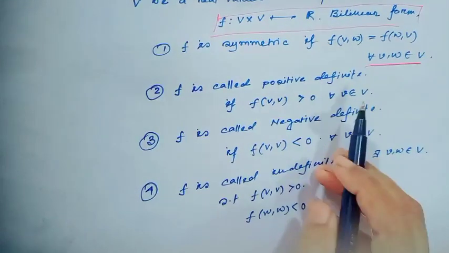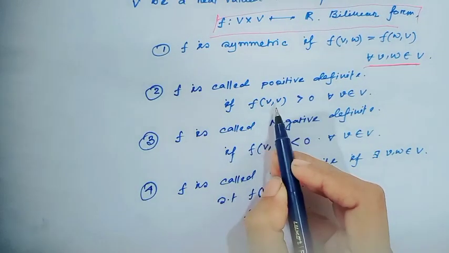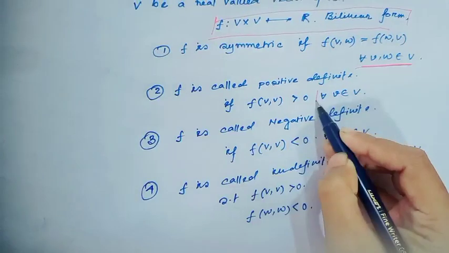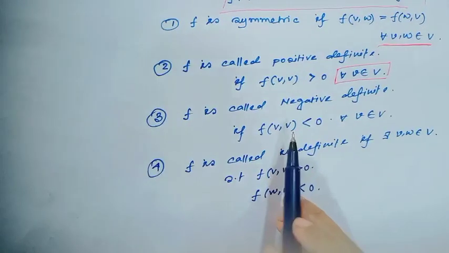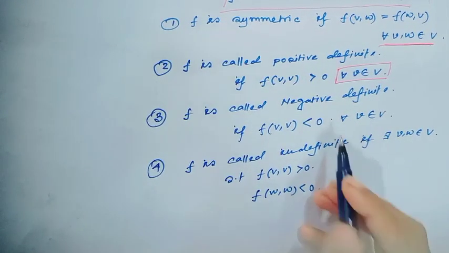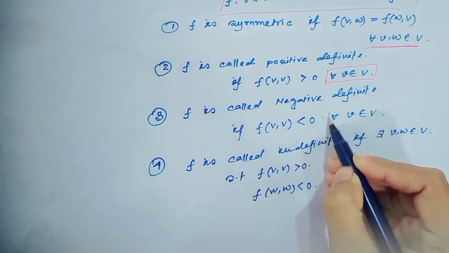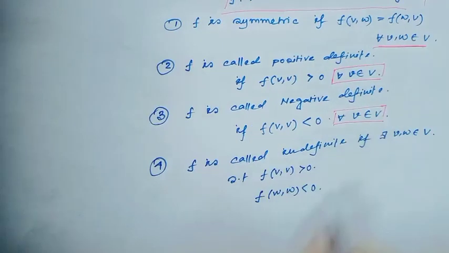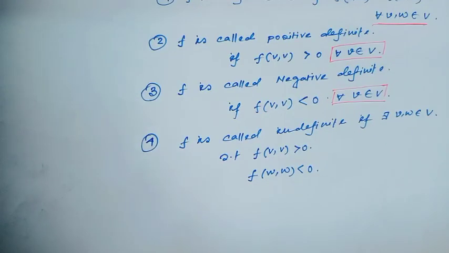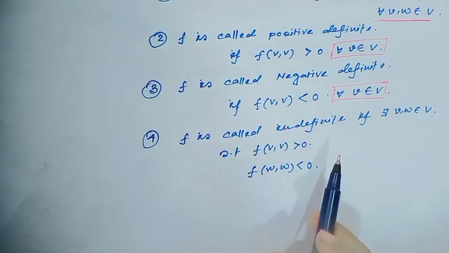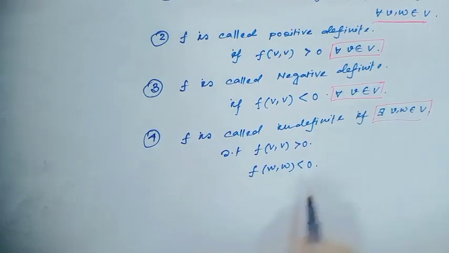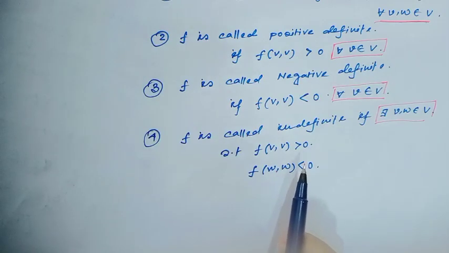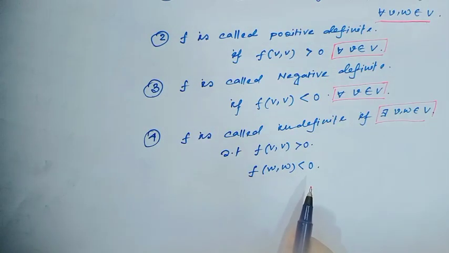Second, f is called positive definite if f(v,v) is strictly greater than 0, and this is true for all v belonging to the vector space V. And f is called negative definite if f(v,v) is less than 0, and this is true for all v belonging to the vector space V. And f is called indefinite if there exist v, w in the vector space V such that f(v,v) is strictly greater than 0 and f(w,w) is strictly less than 0.